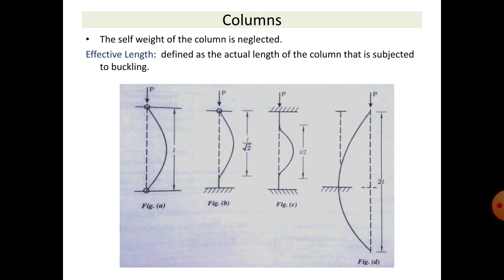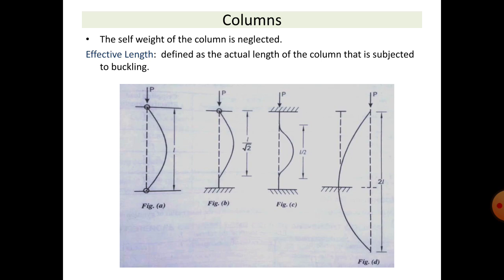So depending upon the type of support at different ends, that is the top end and the bottom end, the effective length will vary. This is very important, and you have to remember this: the effective length for different conditions.